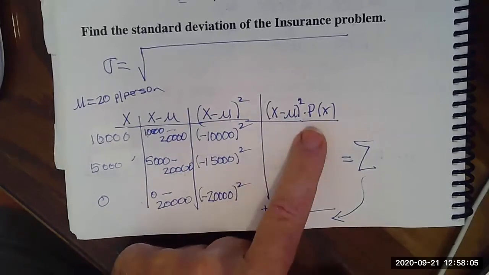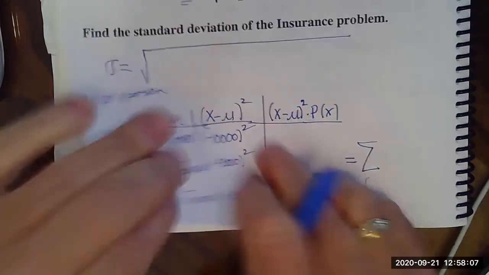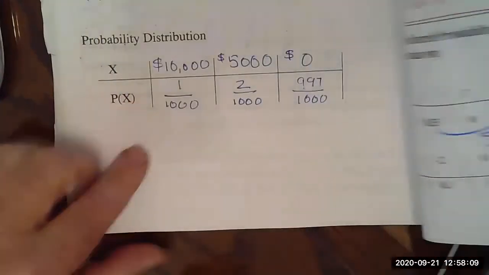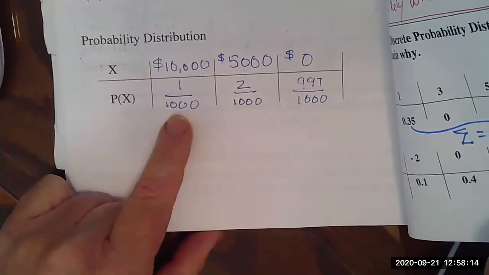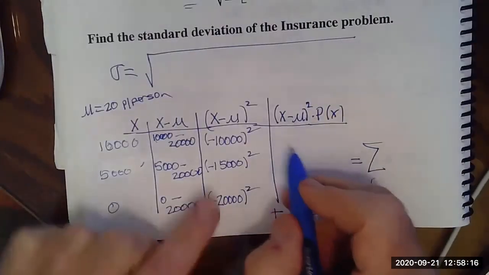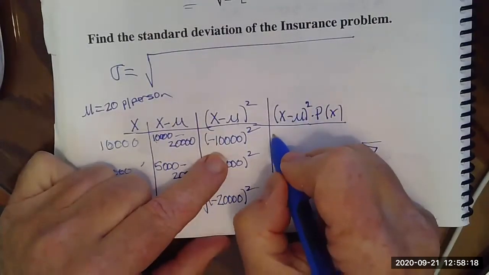P of X comes from your table. Remember the table? Yes, you do. It's right over here. See, there's P of X, P of X, P of X. So I've got to take this number.